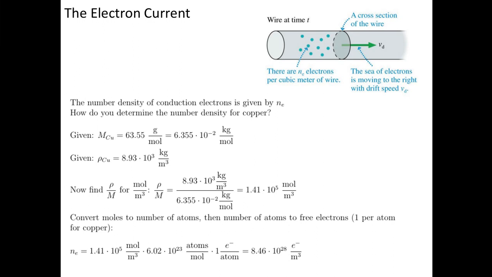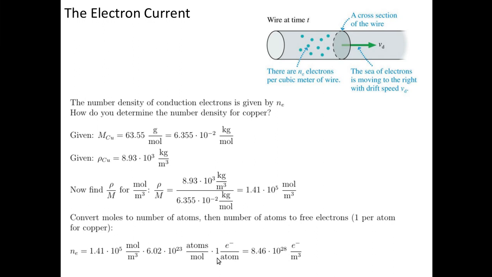That's information that I would give you, or that we could look up. For copper, it's one free electron per atom. So once I get my molar density times Avogadro's number, that's my atomic density, and I want to multiply it by either 1 or 2, depending on how many free electrons the material gives up.